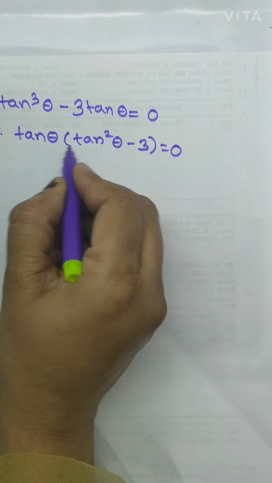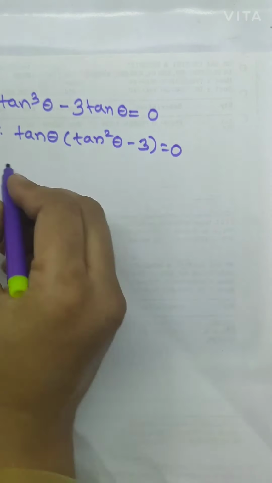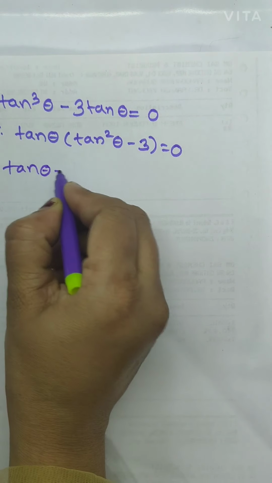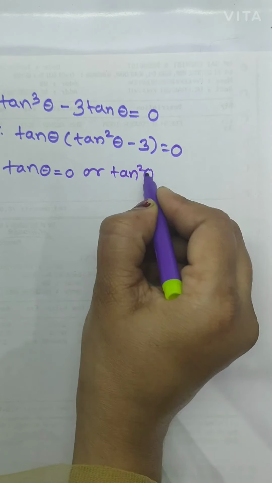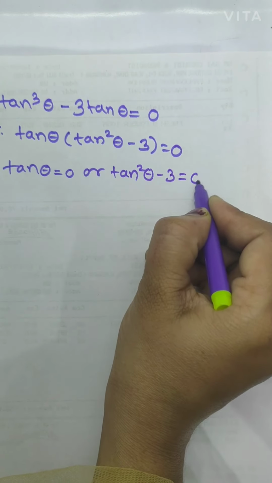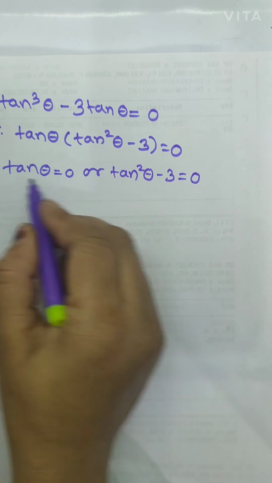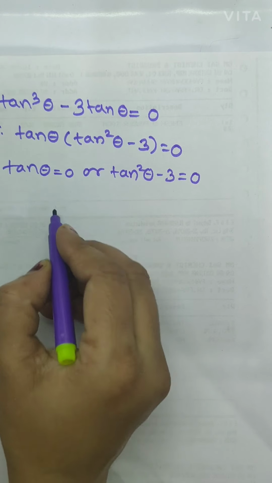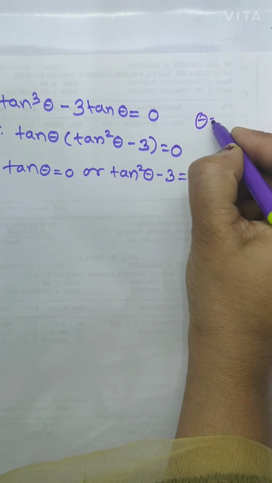Now here we can take tan theta equal to 0, or this term equal to 0. So tan theta equal to 0, or tan square theta minus 3 equal to 0. Now listen, this is tan theta equal to 0. According to general solutions, if you have tan theta equal to 0, then your theta will become n pi.